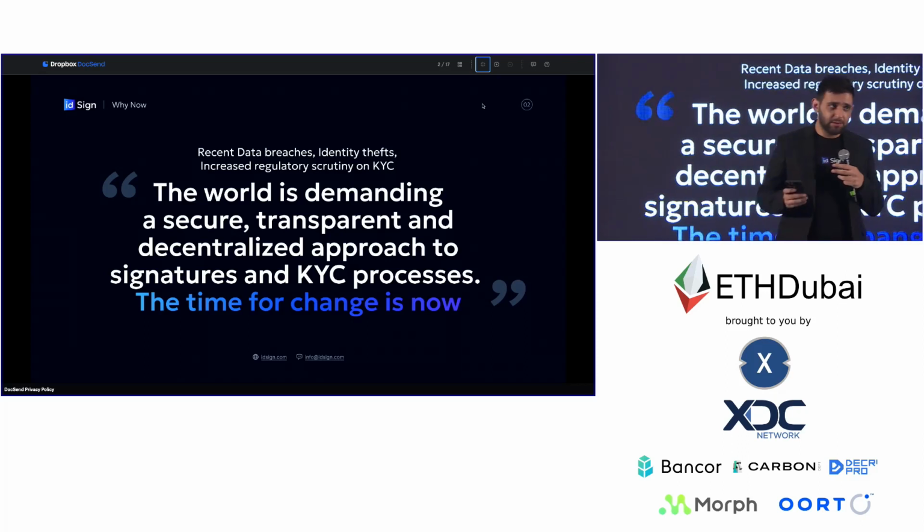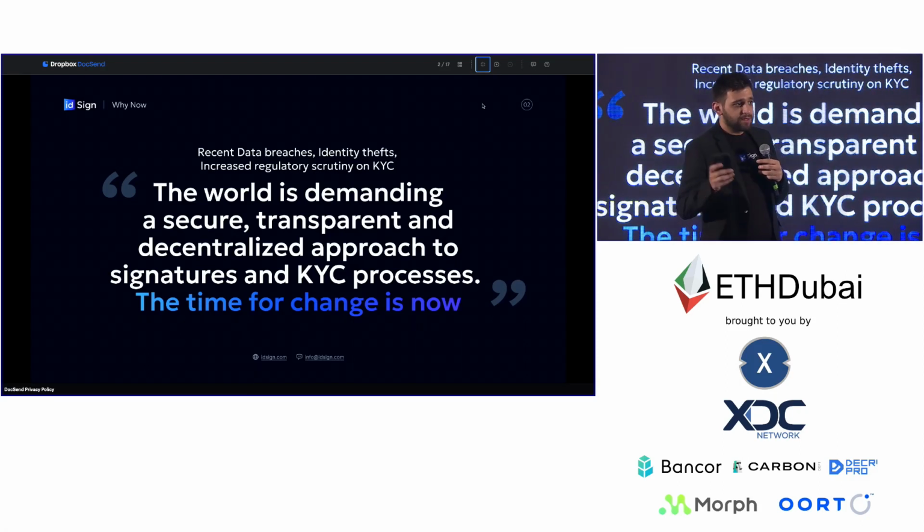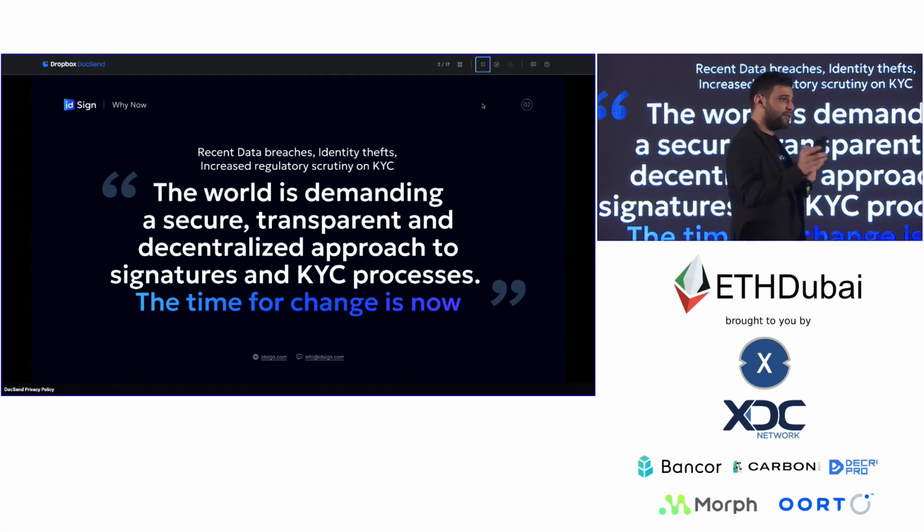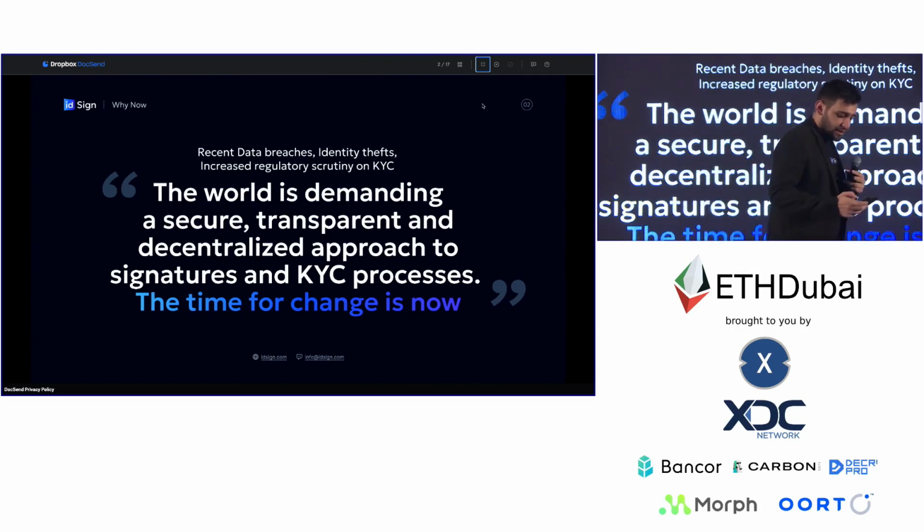But how do we solve the issue of something being private and shareable between multiple wallets and at the same time verifiable when needed?